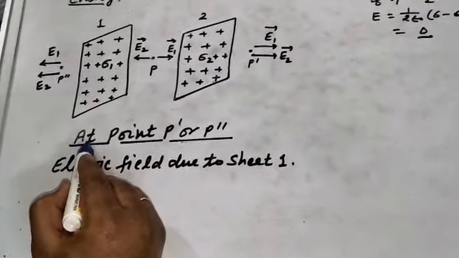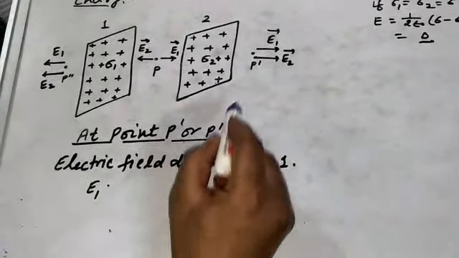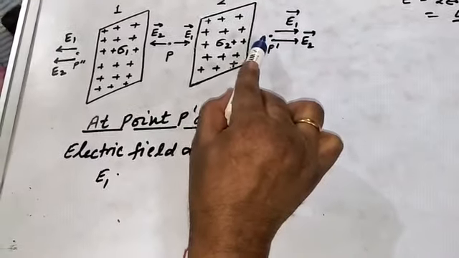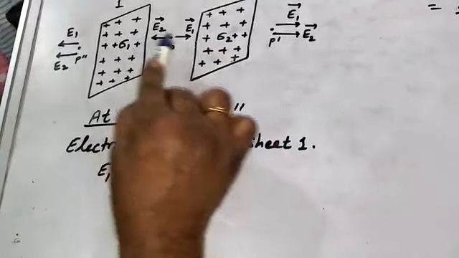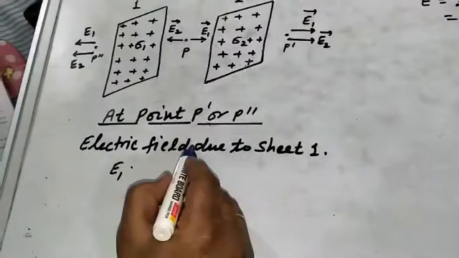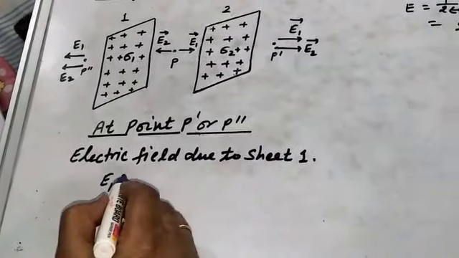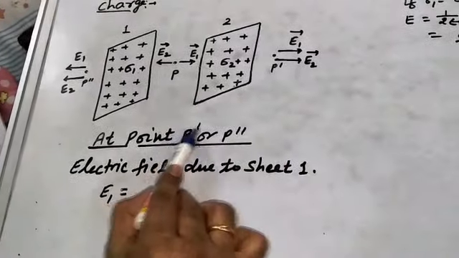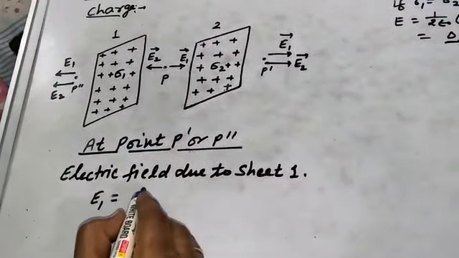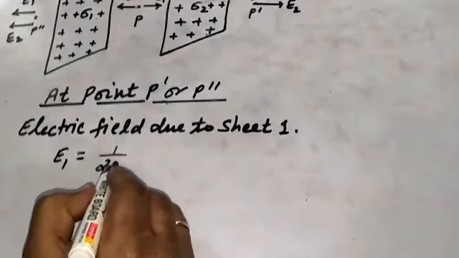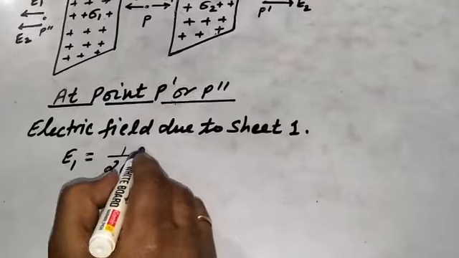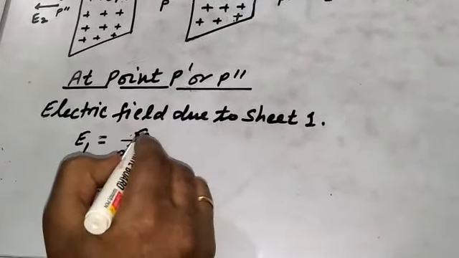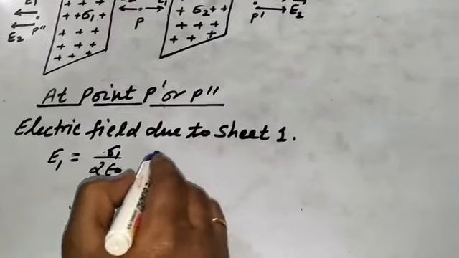In the same way, at point P dash or P double dash, meaning any point outside the sheets, we can also calculate the electric field due to these two plane sheets of charge. So the electric field due to sheet 1, which is E1, either at point P dash or P double dash, is equal to sigma 1 upon 2 epsilon naught.